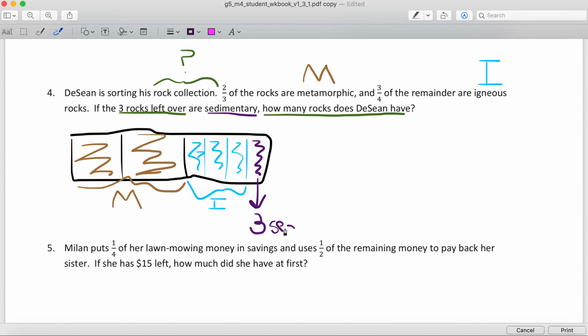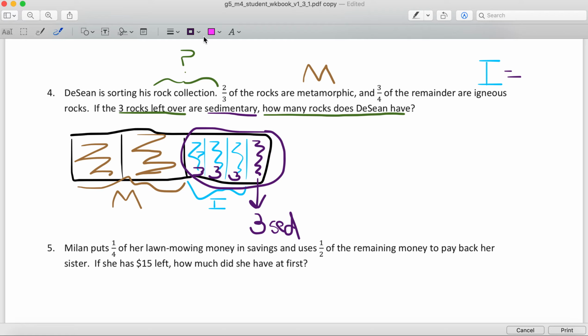but even more important, if this box represents 3 and this box right here, we divided that into 4 equal parts. So that means that each box is equal to 3. So this is 3, this is 3, and this is 3. That means that this color here, there were actually 9 rocks.